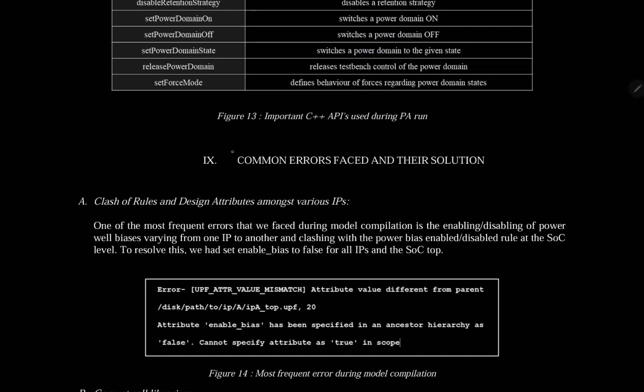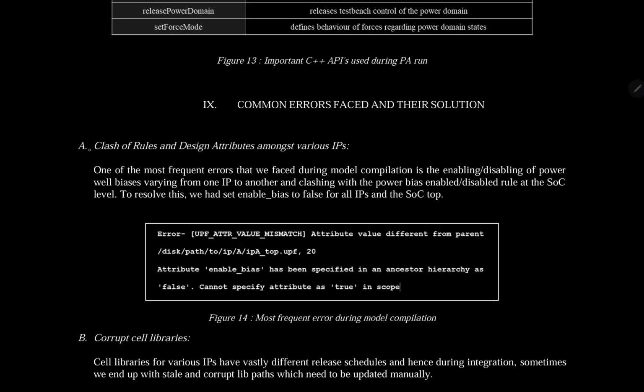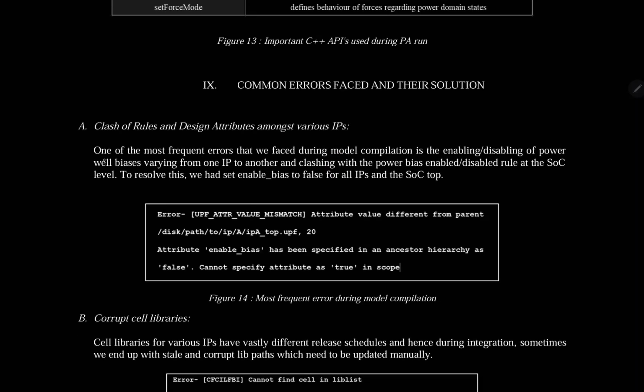Section 9, common errors faced and their solutions. A. The clash of rules and design attributes among various IPs. One of the most frequent errors that we faced during model compilation is the enabling and disabling of a power well bias varying from one IP to another and clashing with the power bias enable and disable rule at the SoC level.